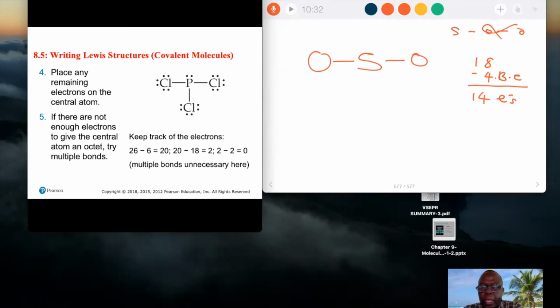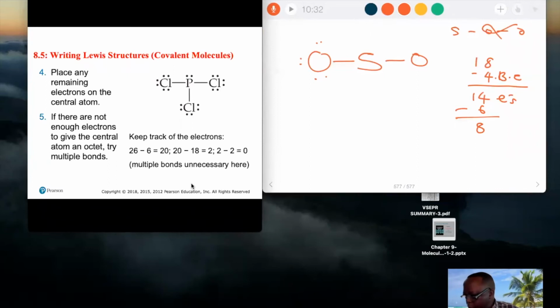So the next step is to satisfy the octet rule on the external atoms. All right. Octet rule. 1, 2, 3. I've used 6, so this is 8.